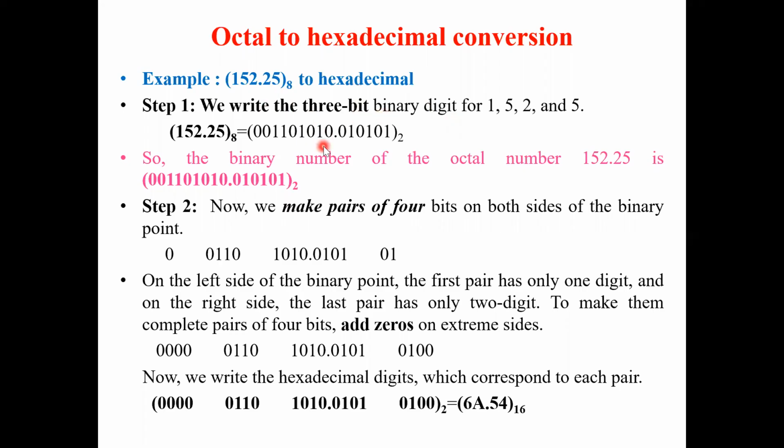For hex, you again make groups of 4 bits on both sides of the binary or the octal point. If it is not exactly 4 bits, you will add zeros on the extreme sides. Sides means on this side also.